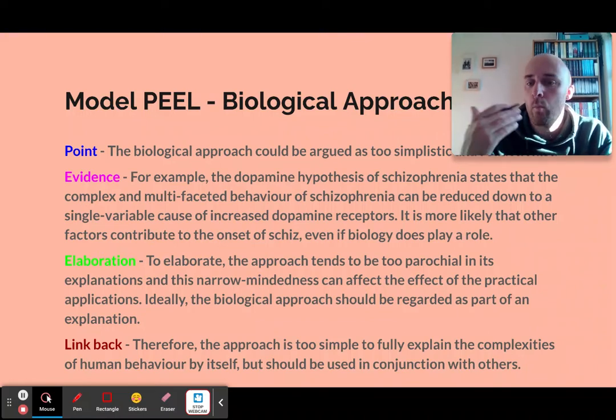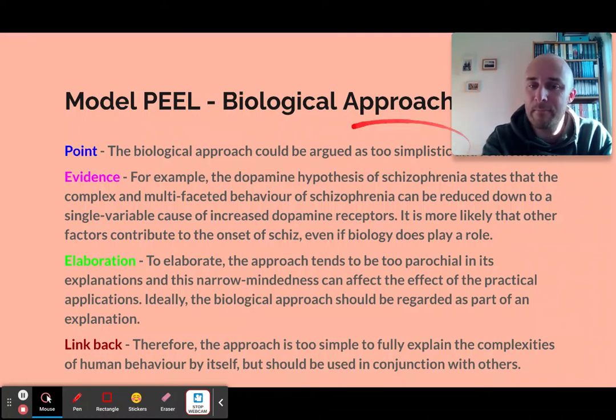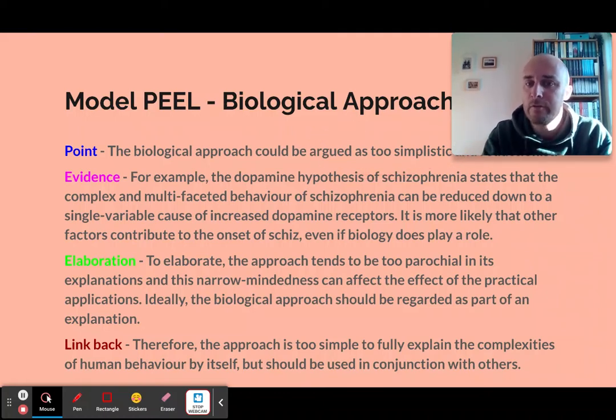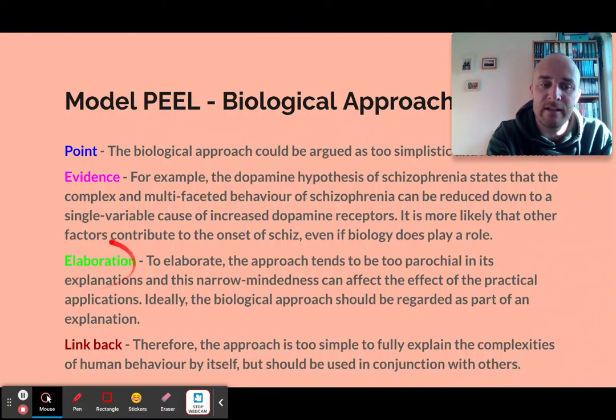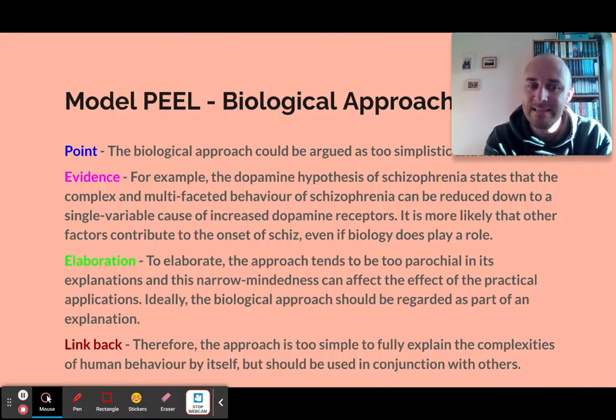No. Why is that bad? Why is it bad that the approach is too simplistic? That's what your elaboration is. Well, it's bad because it's quite parochial, quite narrow-minded, and that can affect the practical applications.